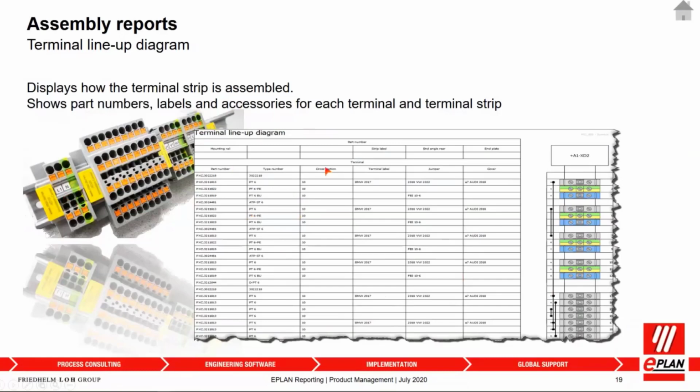It'll tell you what type of end mount is on that terminal diagram, what label is there, and all of the accessories. If you have partition plates or terminal separators, all of those are also listed in this terminal lineup diagram. So the lineup diagram is more of a hardware-oriented view of your terminal strip, versus the terminal diagram, which is more of a connection-oriented view of your terminal strip.